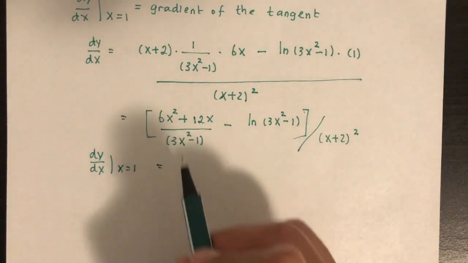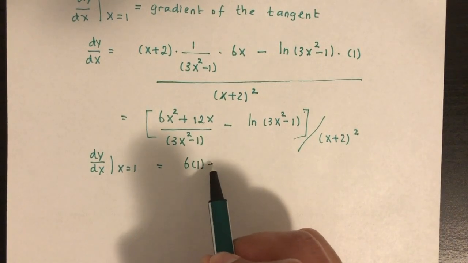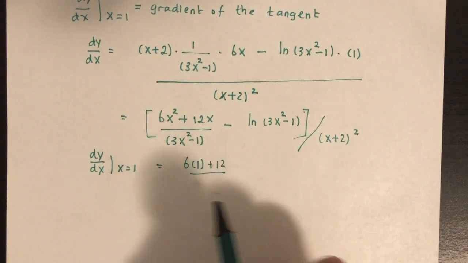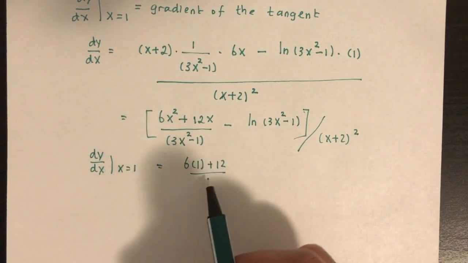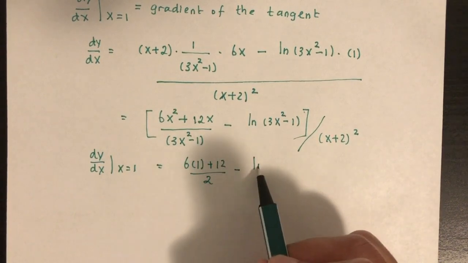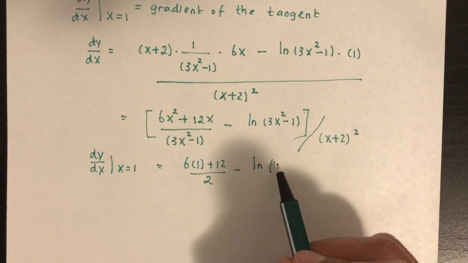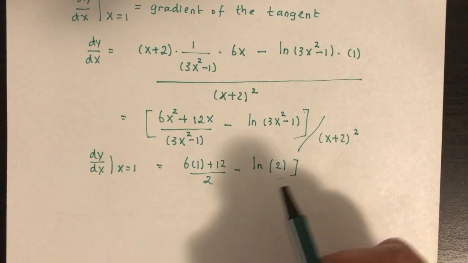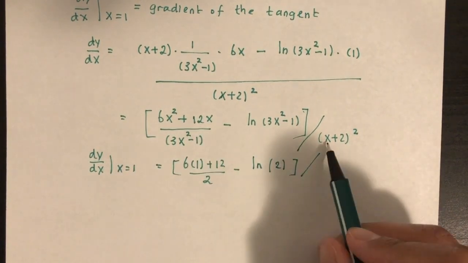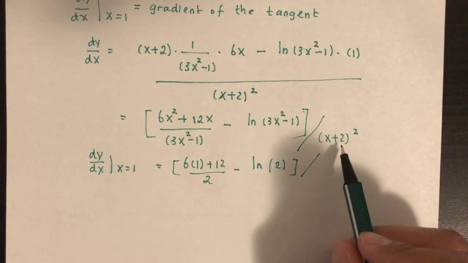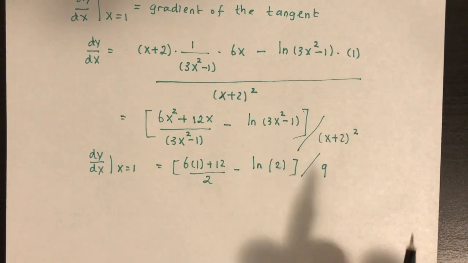See what we have. We have 6 times 1 plus 12 divided by, this is 1, that will be 2, minus ln, so 3 times 1 minus 1 will be 2, and all this divided by 1 plus 2 is 3, 3 squared is 9.